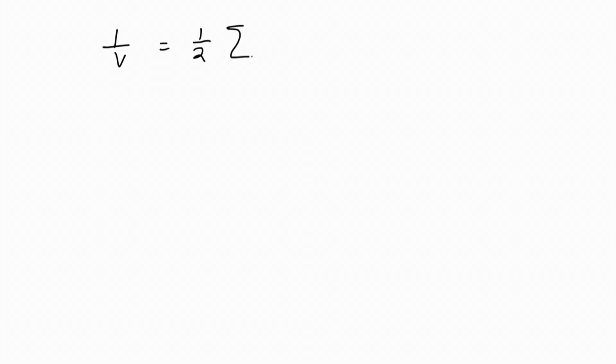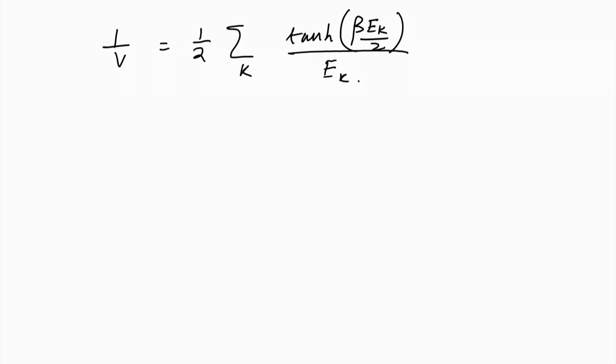half sum over k tan hyperbolic beta Ek by 2 by Ek, again converting that sum into the integral and using the density of states to have a value that is at the Fermi level.